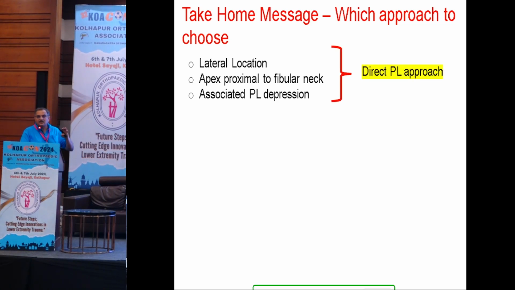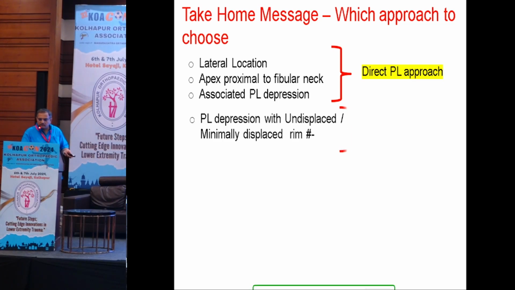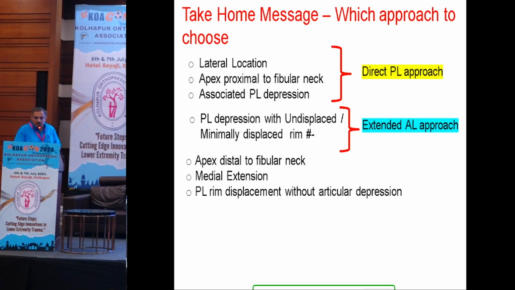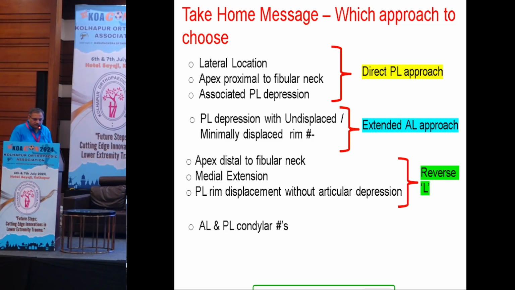If the apex of the posterolateral fragment is extending very far down, then you can indirectly buttress it with a reverse L approach, which is used for posteromedial fractures. And if you are required to tackle the anterolateral as well as the posterolateral fragments, Frosch is the best approach. So, time.